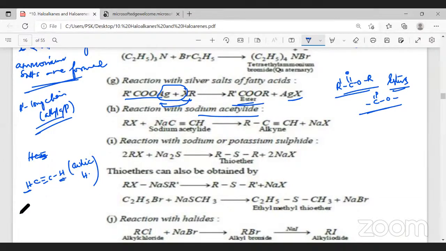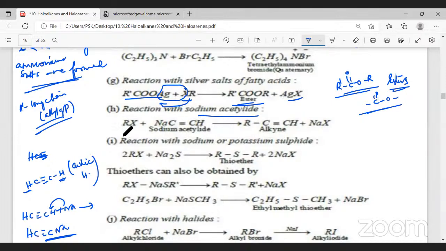These all are acidic. Now, when it is allowed to react with a base, like a metal such as sodium, what happens? The sodium reacts to displace hydrogen. So you get HC triple bond C-Na. This is called sodium acetylide, written here as NaC triple bond CH.